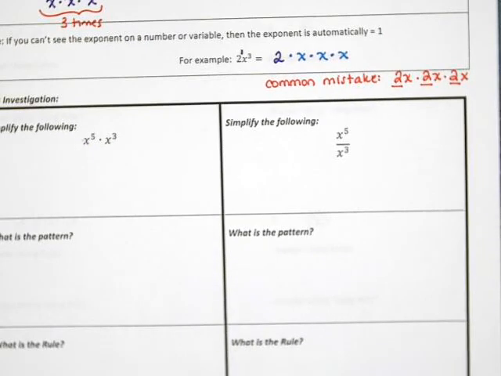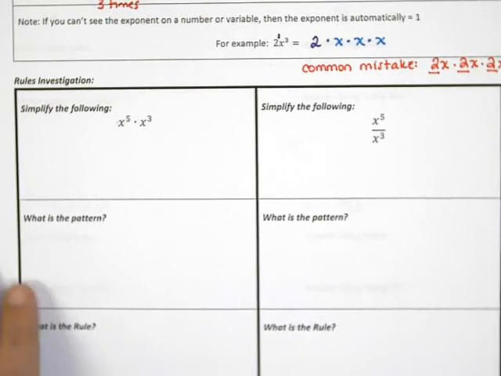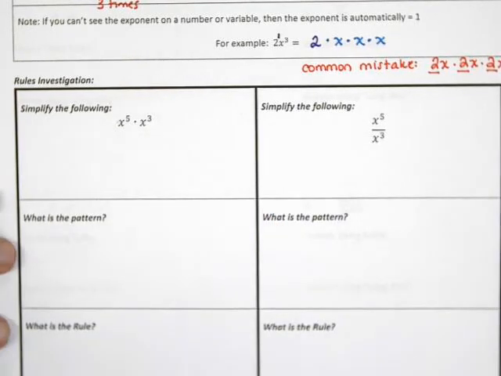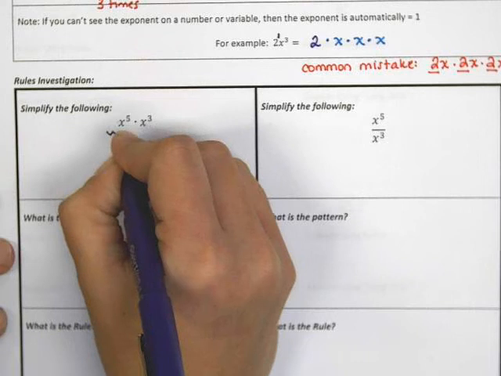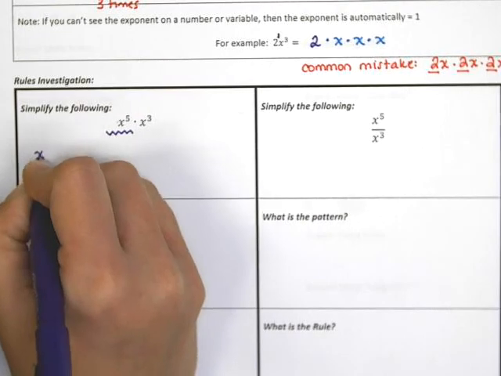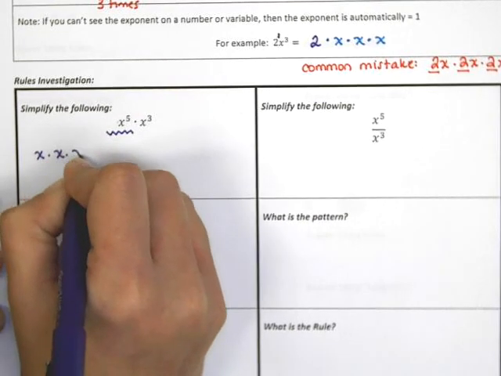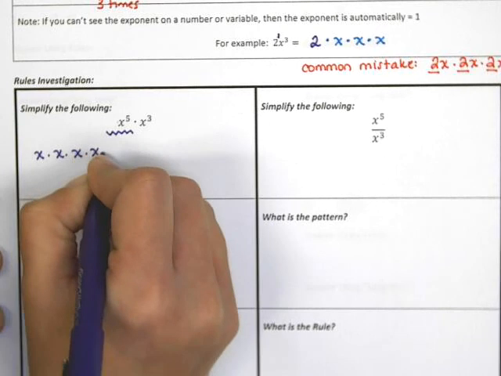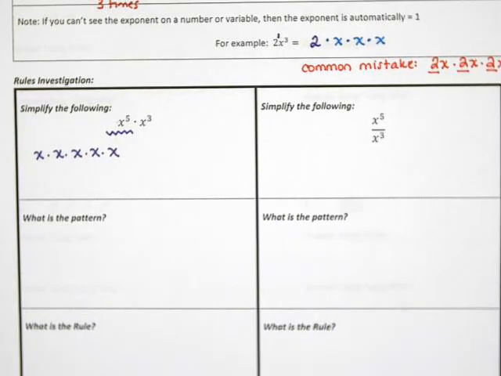Let's go ahead and look at some problems that we can figure out some of these rules using writing out the long way. So for example, if I said simplify the following, I could rewrite this problem x to the 5th times x to the 3rd like this. I could rewrite x to the 5th as x times x times x times x times x, 5 times.